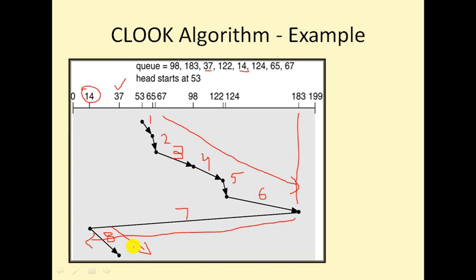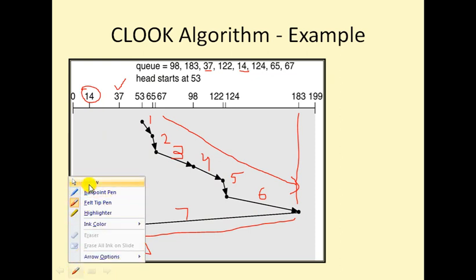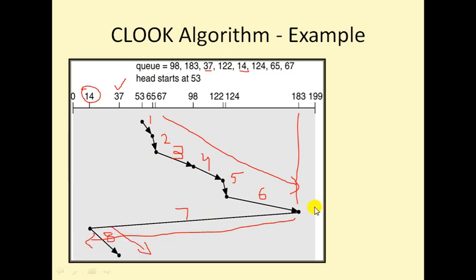Now how can you identify the number of tracks visited by the head? It is simple. Here the starting position is 53 and the last position is 183. If you subtract, you get all the tracks on this direction. From 183 to 14, 183 minus 14. From 14 to 37. So you can easily get the track numbers which the head moves.